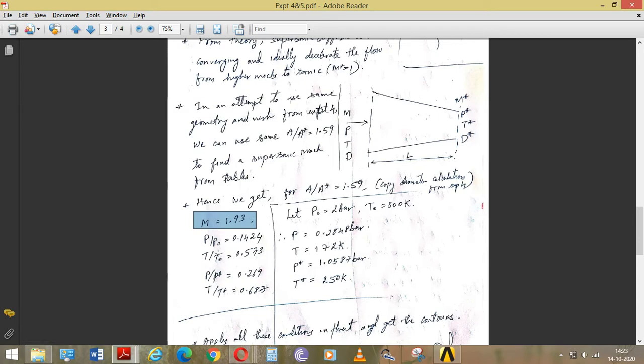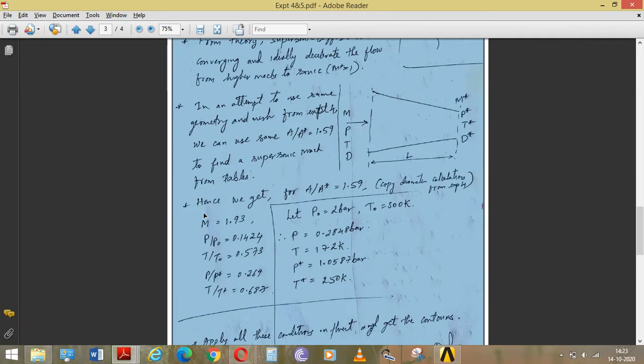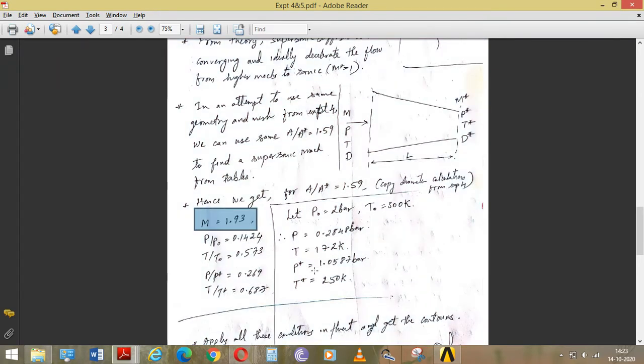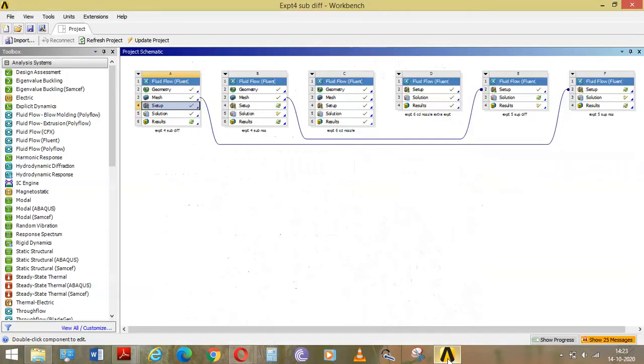Whichever parameter you didn't enter in the setup of Fluent, later you can validate. So these values can be used for validation. At the end, by finding these values in Fluent, if you get the same values, then whatever you have done is perfect. We'll see how to do that.